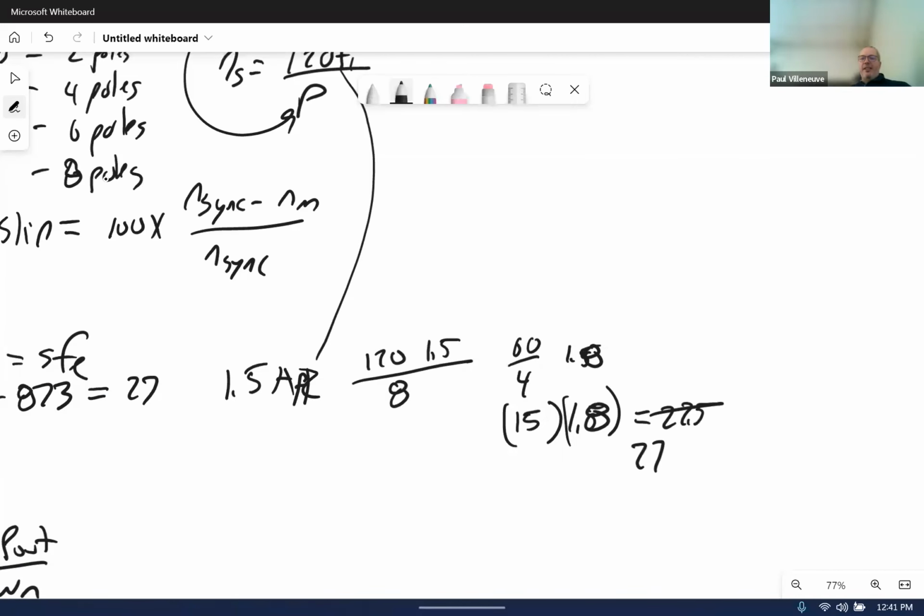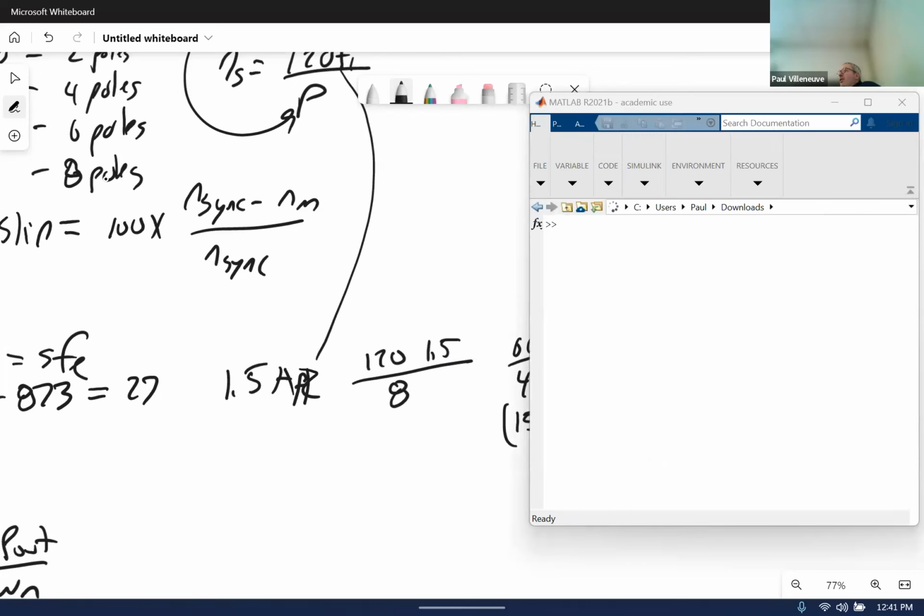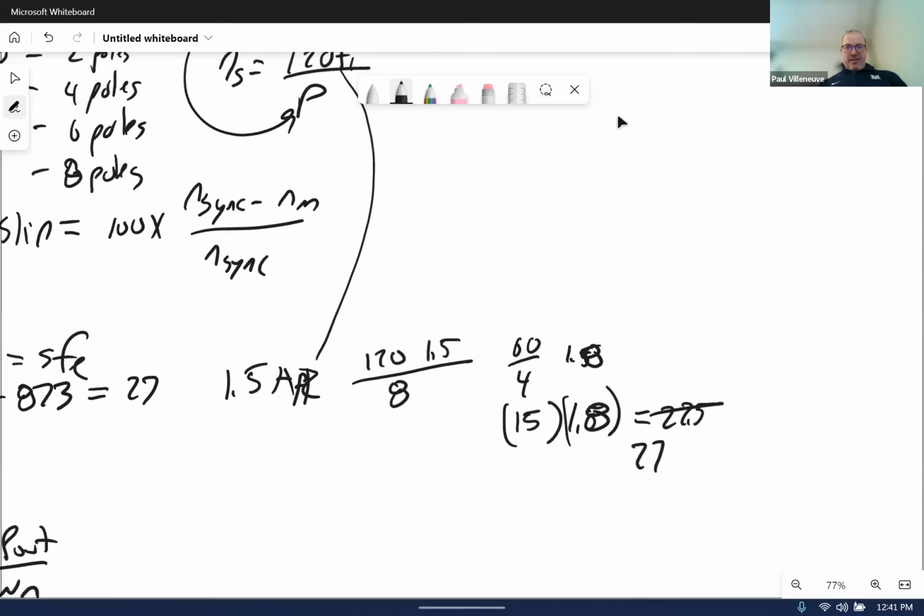You can try it in your calculator, but 15 times 1.8 is 15 plus 0.8 times 15, or 12, so that's 27. Yeah, I'm just breaking up the numbers, but we'll do it quickly in MATLAB.